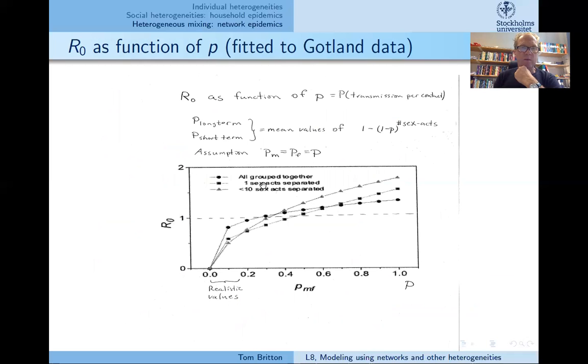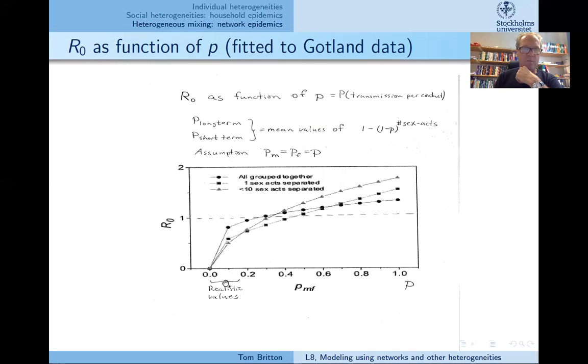We compared that to the situation where we did not distinguish between different types of relationships. And then we plotted R0 as a function of this transmission probability, which we assumed was symmetric. So PMF we assumed was equal to PFM.